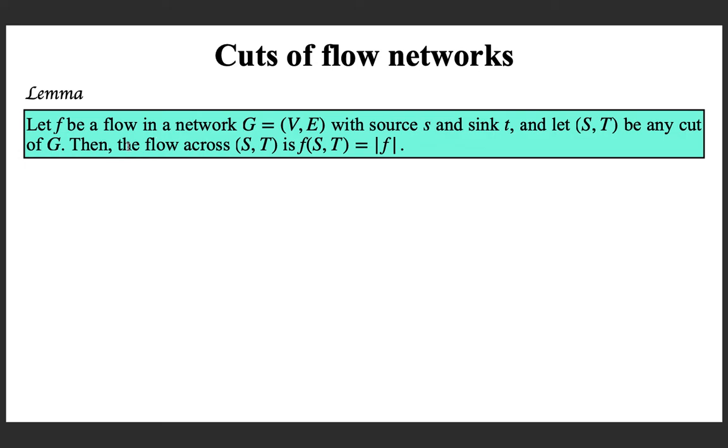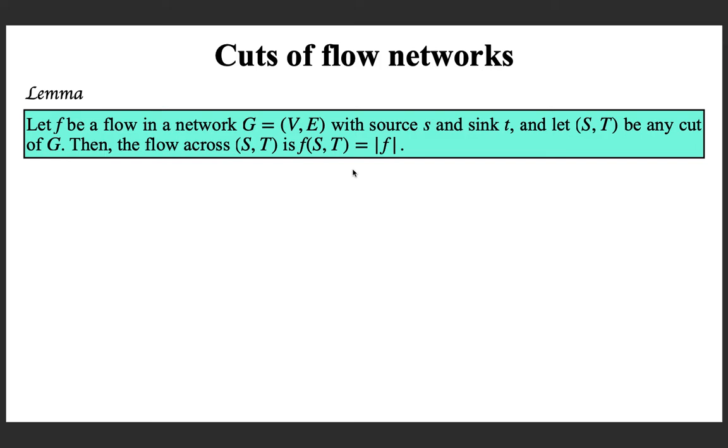Then the flow across the ST cut, which is represented as f of ST, must be the same as the value of the given flow. So, given a flow network and a flow, if you look at any ST cut, then the value of the flow must be the net flow across the cut.